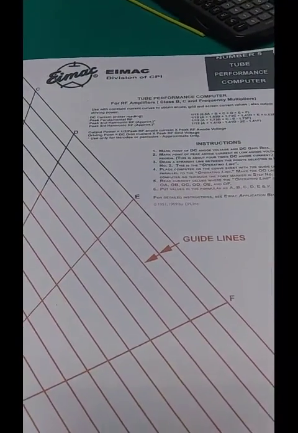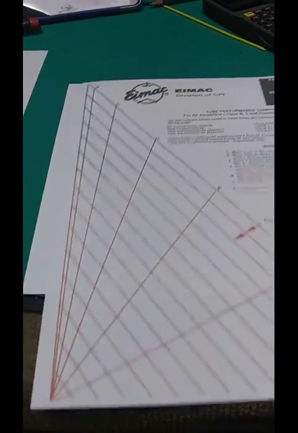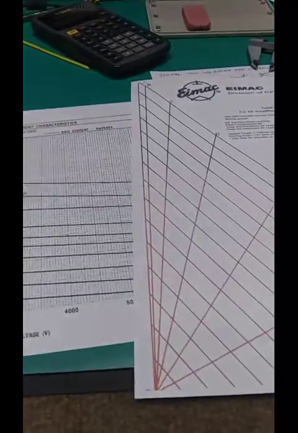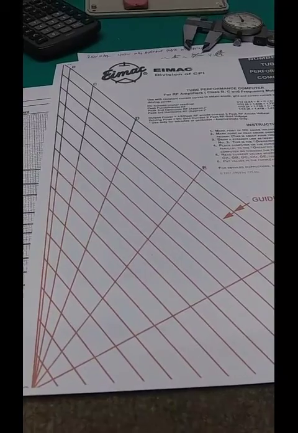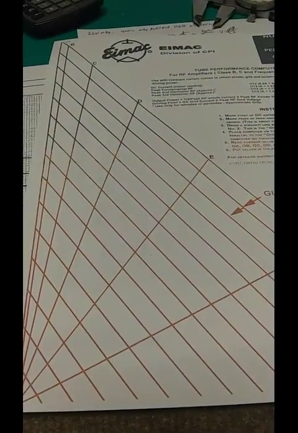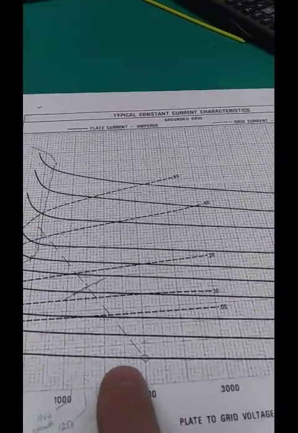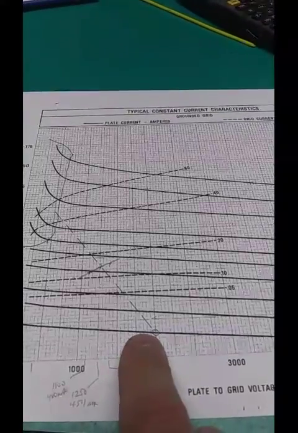Now to the horrendous problem that I mentioned to you with the tube computer. This is a computer. This is what's used to calculate reasonable figures for power output, for harmonics, for grid drive and all that. And the process is that this line has a certain length.